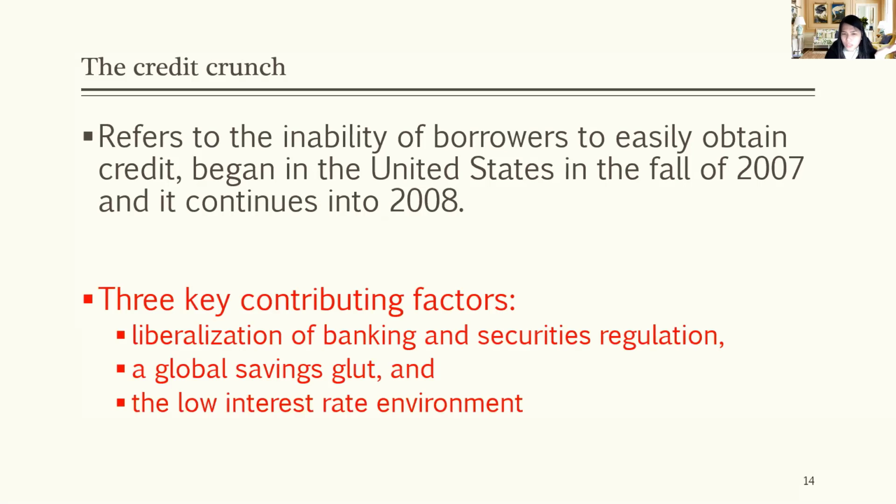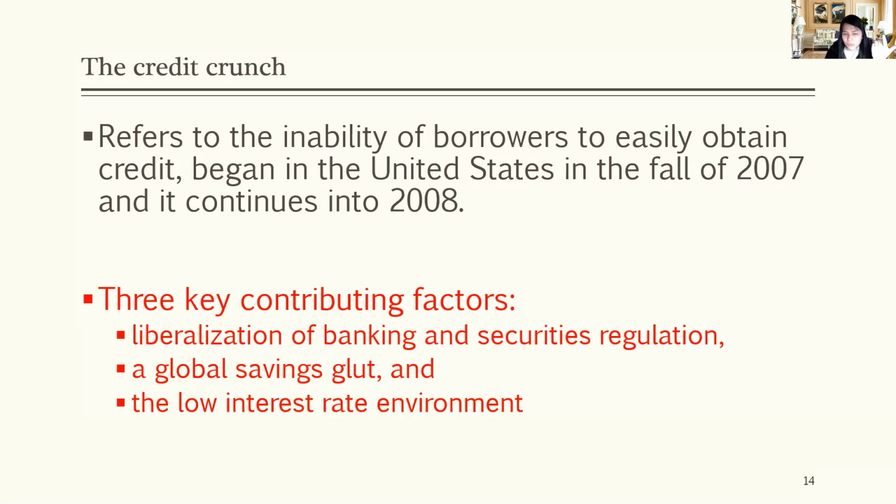So the three main contributing factors, and this is something that you need to understand for the exam. So the three things that happened in the period leading up to the crisis was something that we saw before. Number one, there was a liberalization of the regulations in the banking and financial sector.